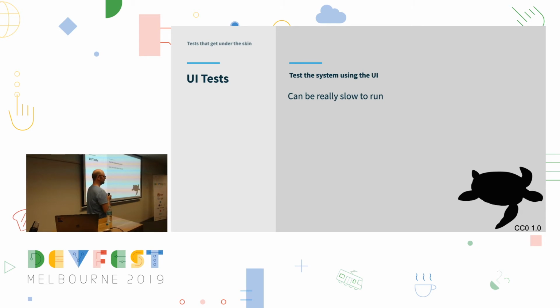So what about UI tests? I guess those are the favorites of everyone, right? They can be really slow. And I think what that usually means is that we're testing the full stack top to bottom, which just makes it slow. But it also has some other problems. It's really hard to set up your tests so that you can test permutations, because if you need to log into your app as someone, and that account has a specific role, maybe you want to test with all the other roles as well.